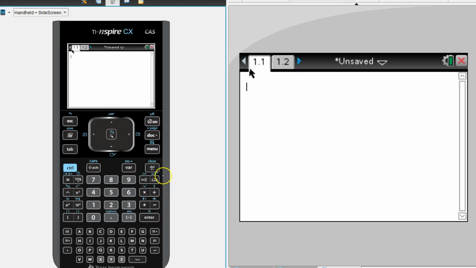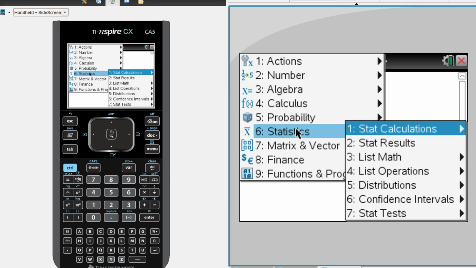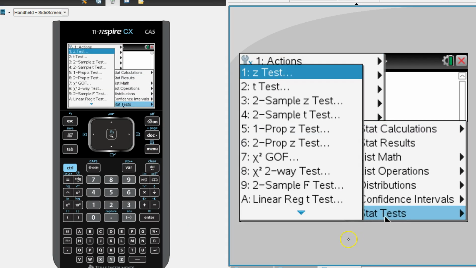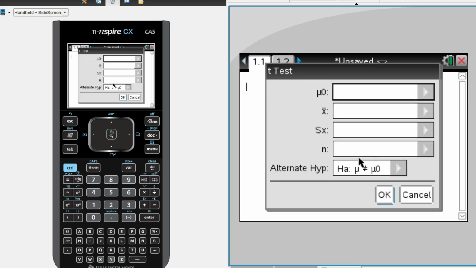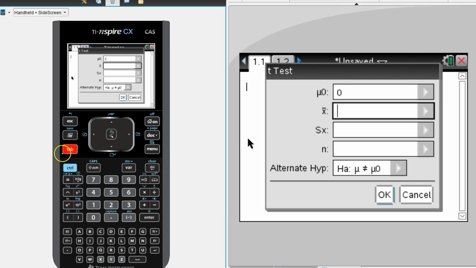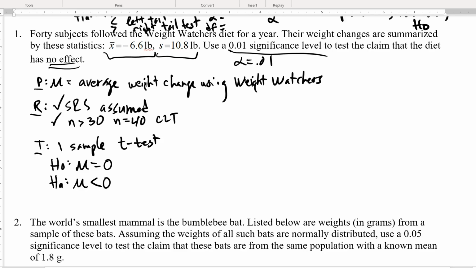So let's see. In the menu, statistics, tests. This one would be a 1 sample t-test, just labeled as a t-test. We have statistics. Data means a list of data. Statistics means we actually have these statistics. The mu naught, what is the claim? No weight change. What did we see?